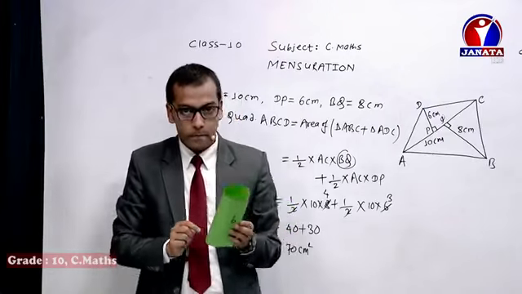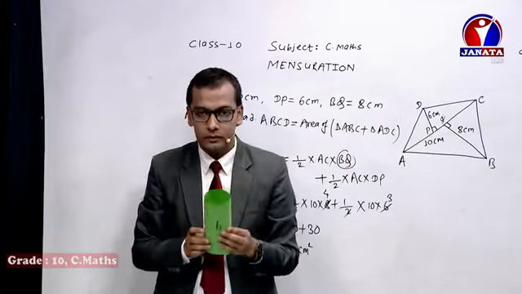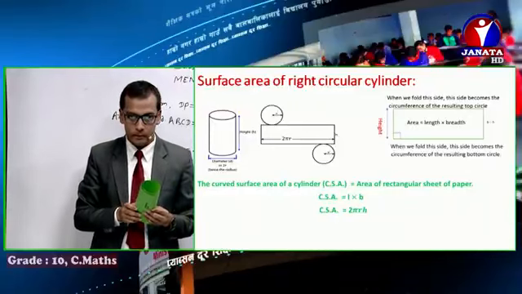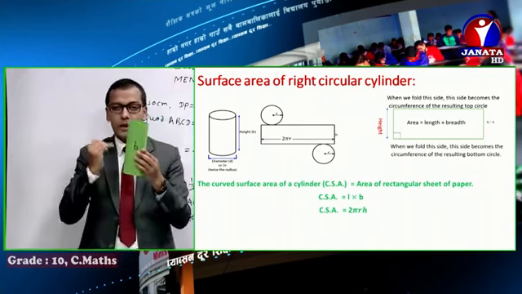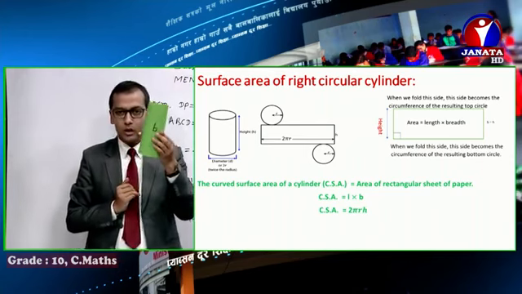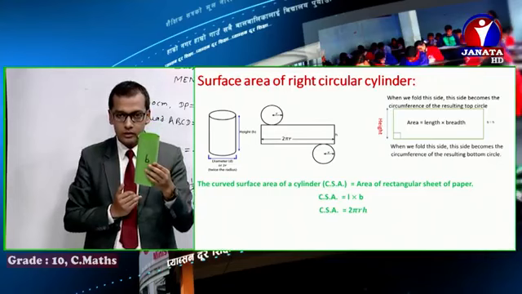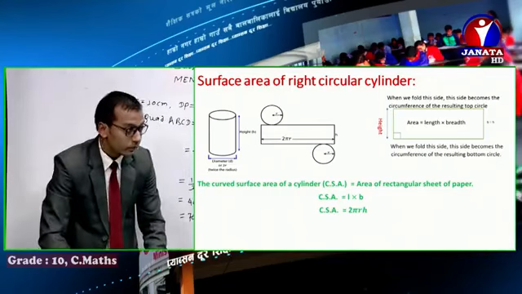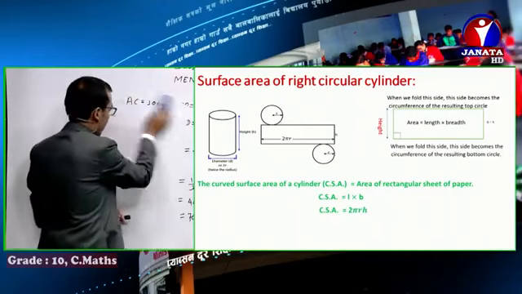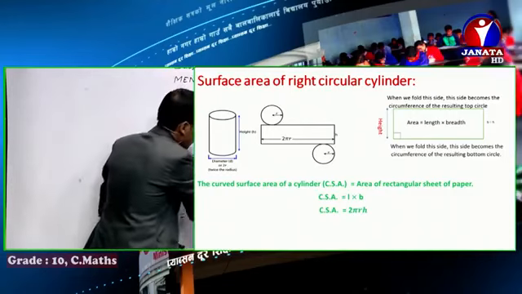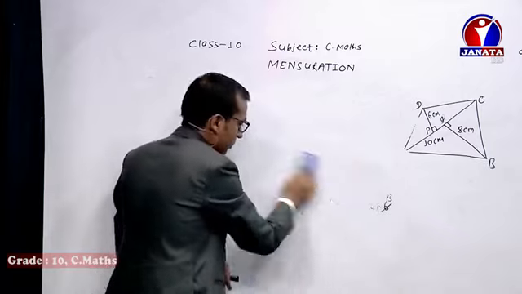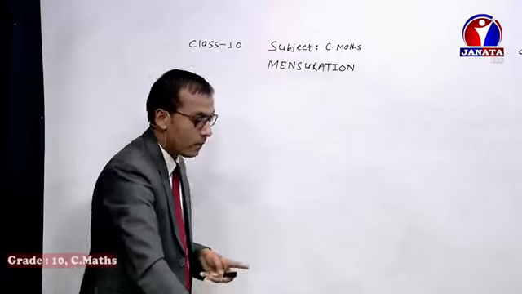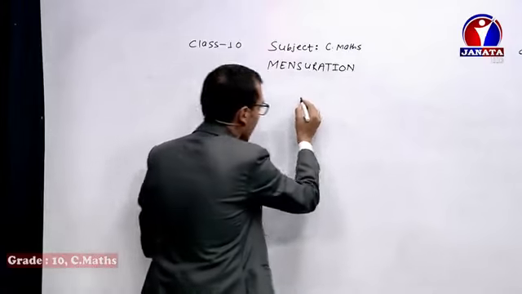Let me show the next slide. This slide talks about the same process. In this way, we can obtain one curved surface figure, and this is called a cylinder. Now, with the help of this activity, let me write the formulas for its lateral surface or curved surface area.